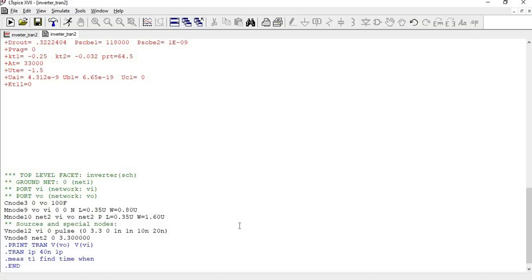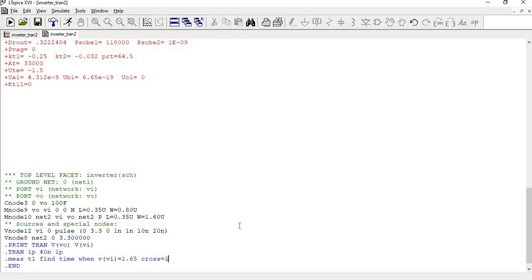when VI is equal to 1.65 cross equals 1.